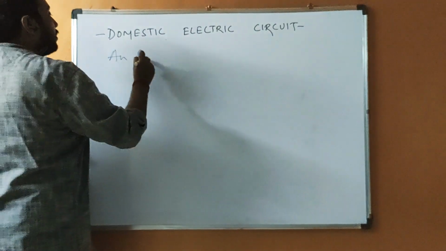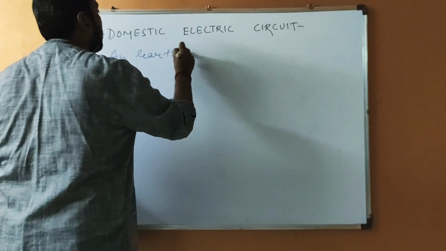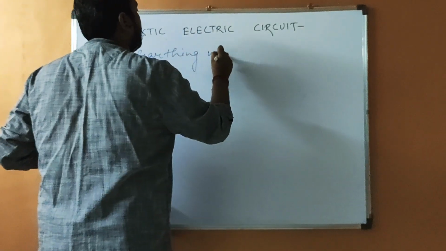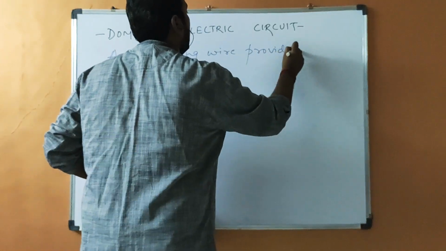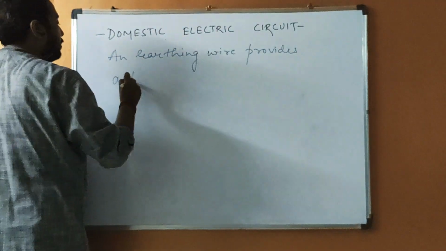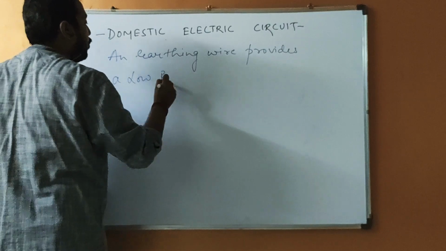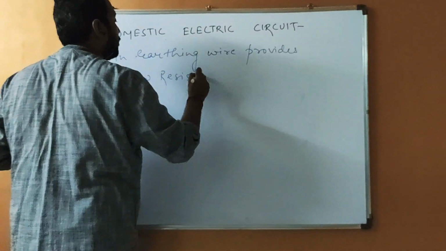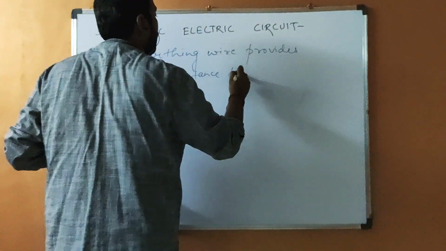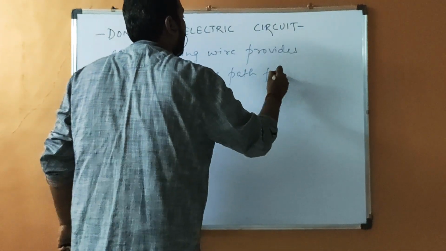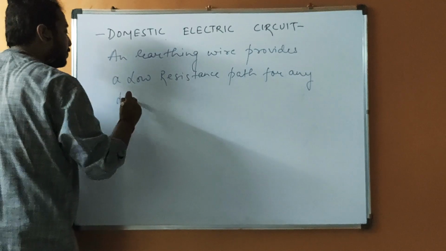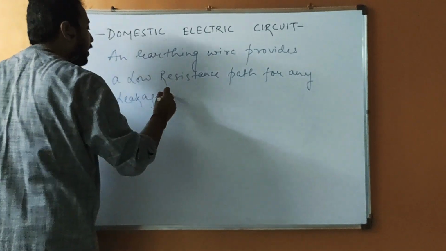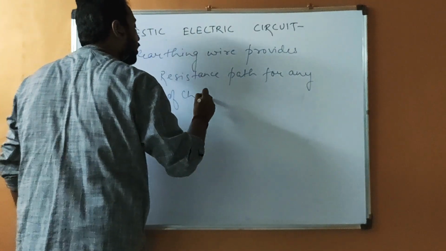An earthing wire provides a low resistance path for any leakage of charge or current.